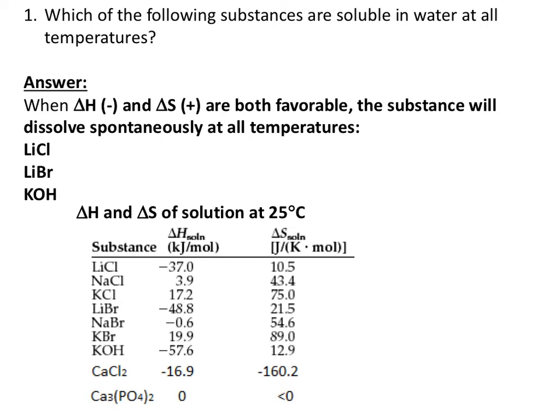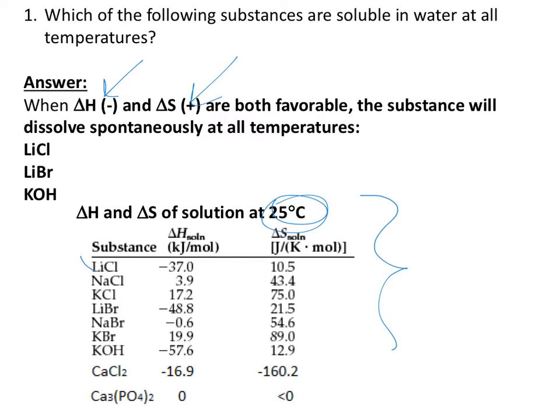What if we asked you which of the following substances will dissolve in water at room temperature, 25 degrees Celsius, under all conditions, at all temperatures? You would have to know that would mean that enthalpy is negative for the process and entropy is positive. And so which of these substances is that true for?